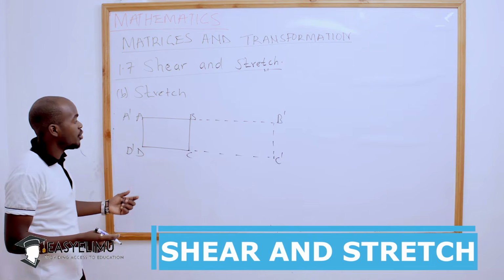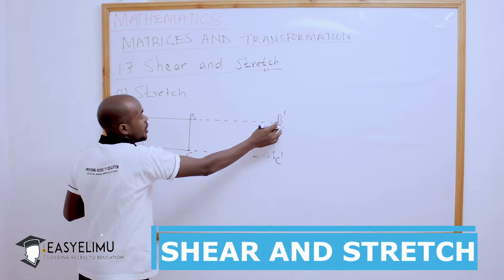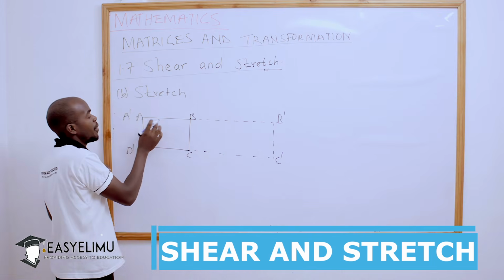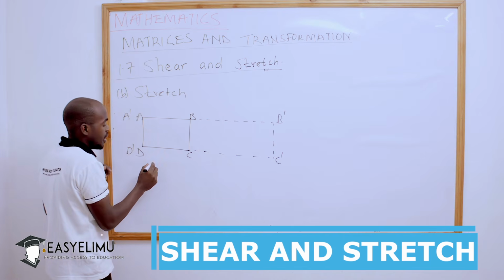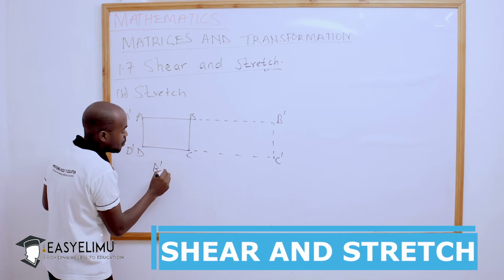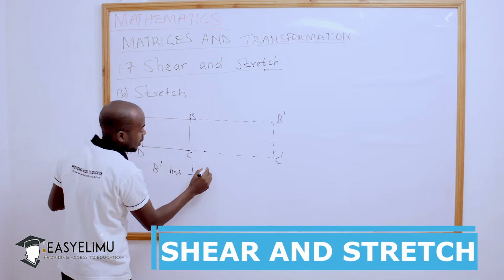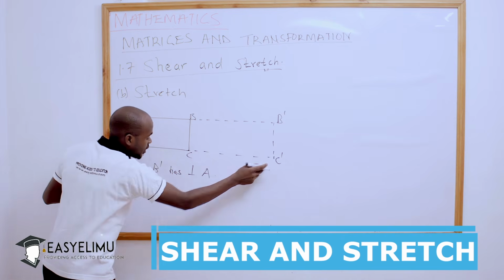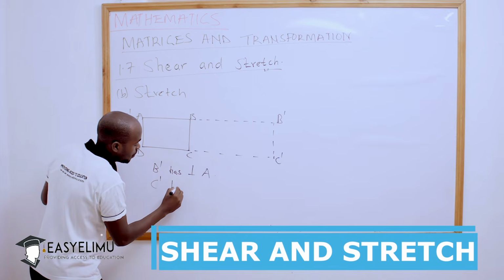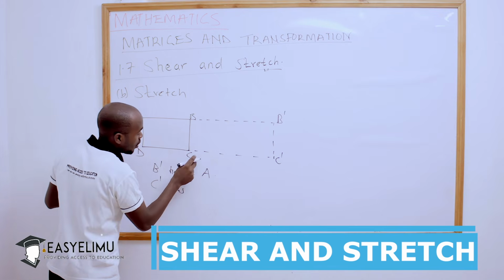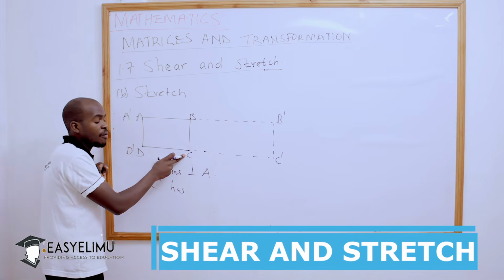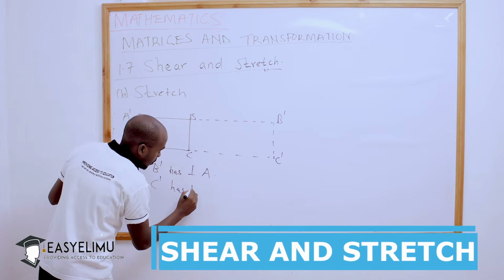If you witness, you will find the point B has only moved perpendicular to point A, and also point C prime has moved perpendicular to point D, which is an extent of point C.